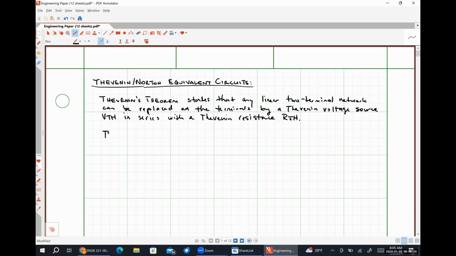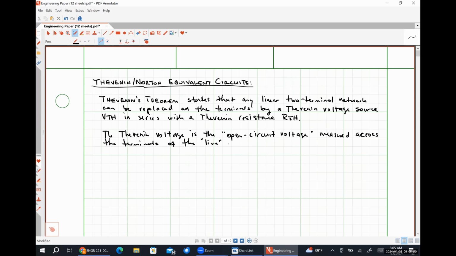So the Thevenin voltage is the open circuit voltage measured across the terminals of the live network, where a live network is simply one in which all of our independent sources are left on.